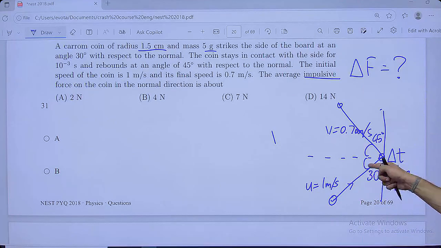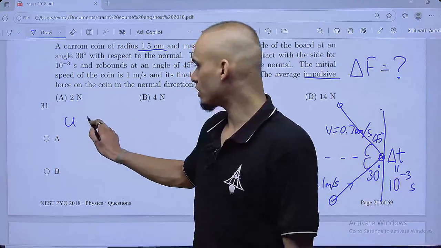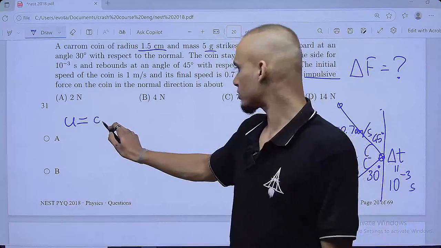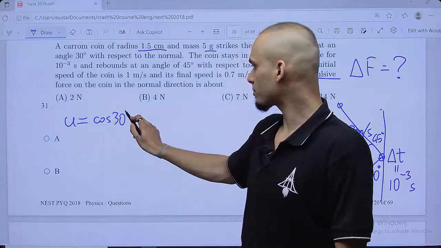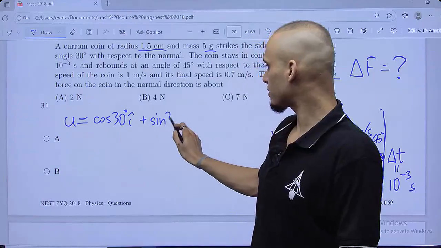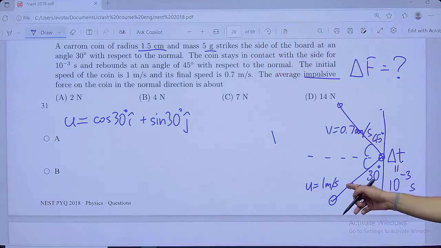The horizontal component will be cos 30. So we can break down u into its horizontal and vertical components as cos of 30 degrees i cap plus sine 30 degrees j cap. Since its magnitude is 1 itself, cos 30 and sine 30 will be the x and y components respectively.